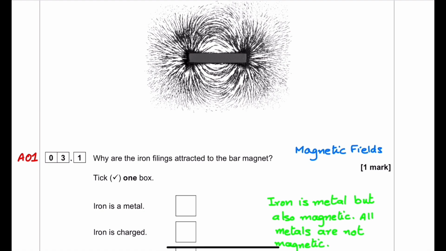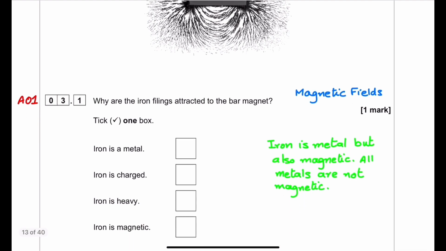Tick one box. We have different options here. Iron is a metal, iron is charged, iron is heavy, or iron is magnetic. All metals are not attracted by a magnet. The reason why the iron filings are arranging themselves around the magnet is that iron is a magnetic material.